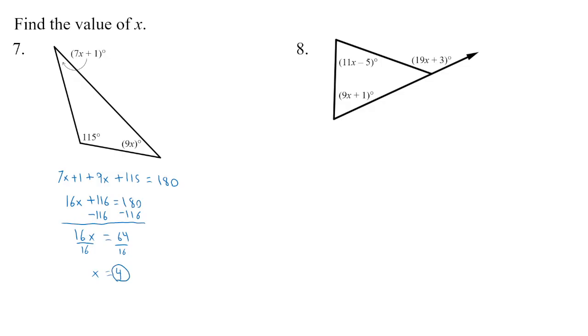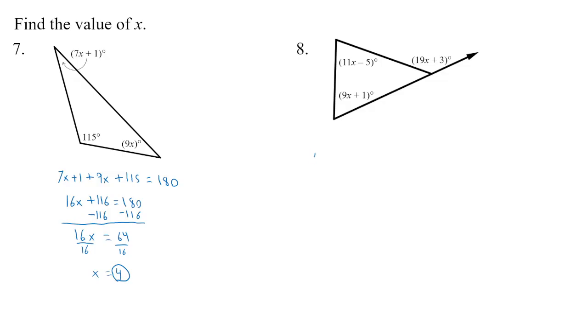On number 8, we have the exterior angle equal 19x plus 3, and its two remote interior angles being 11x minus 5 and 9x plus 1. So we use the exterior angle theorem to set up the equation.